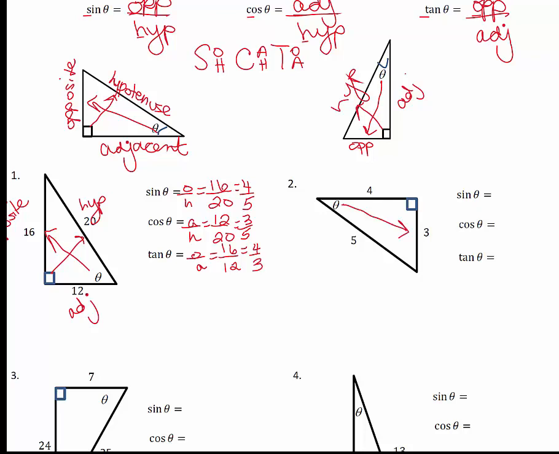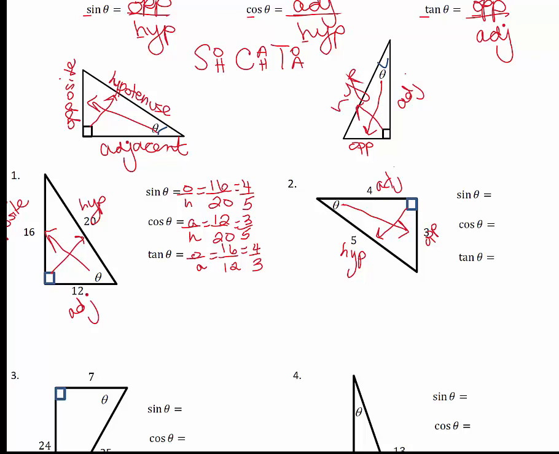So for number 2, because that angle that's missing, we call it theta, that Greek letter, is across from 3, we call that side the opposite. Across from the 90-degree angle, we call it the hypotenuse. And the leftover side, we call adjacent.